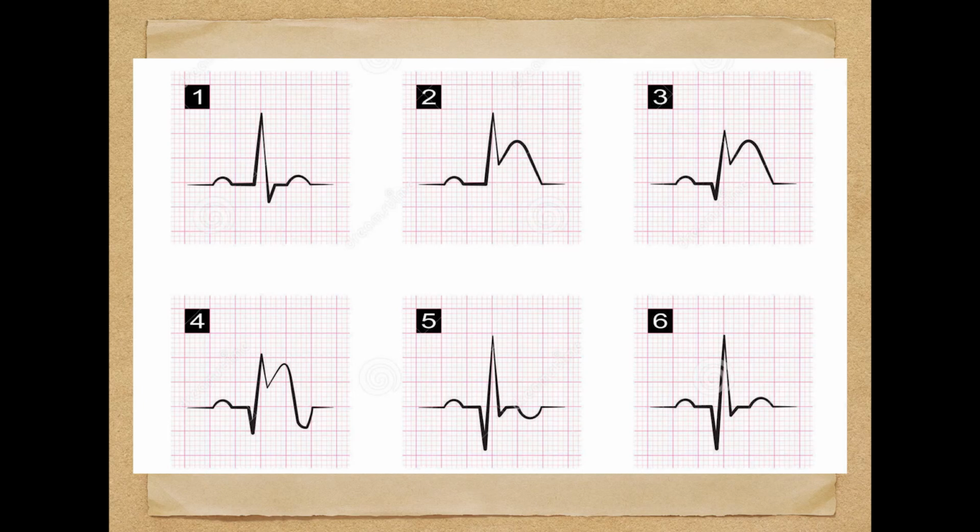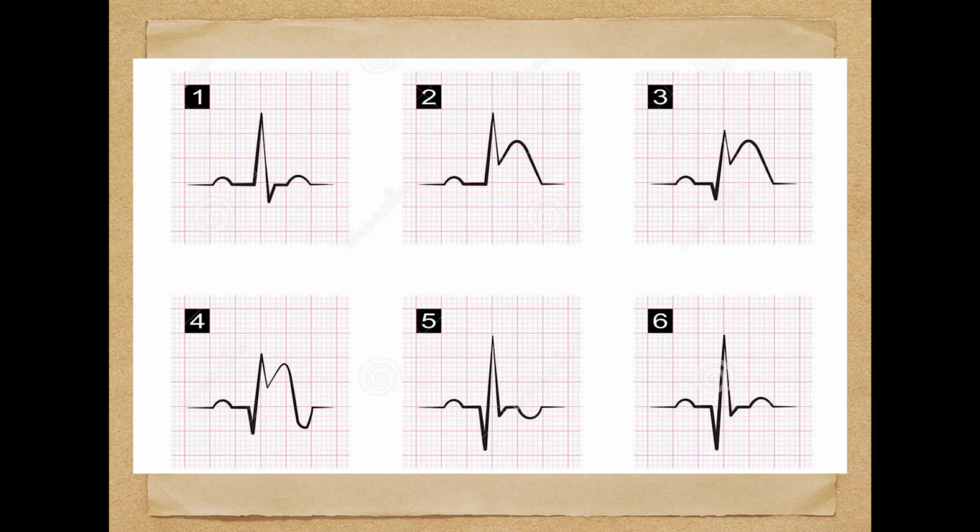As I said before, you know the ST segment. There is an elevation of the ST segment from the baseline, that is called an ST elevation. As time progresses, the ST elevation resolves and comes back to the isoelectric line. From 1 to 6 you can see the changes which happen during an ST elevation MI after revascularization.